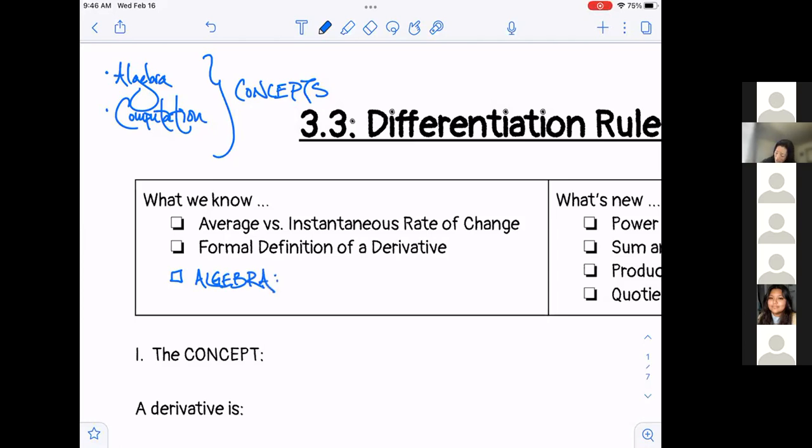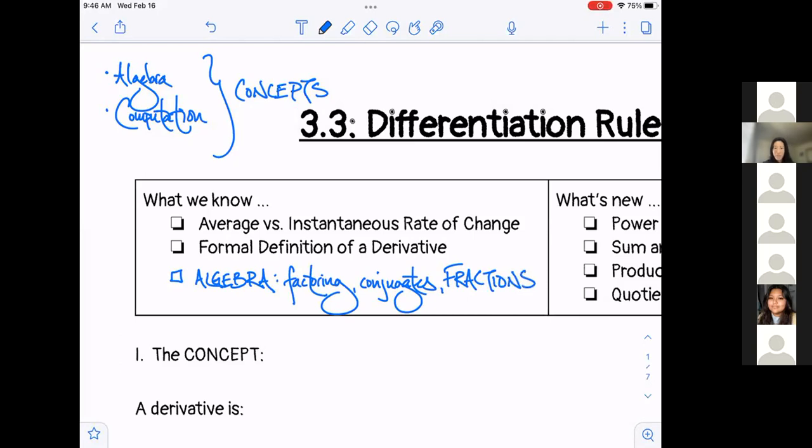Now, what do I mean by algebra? Some of the concepts that we've already seen, like factoring. Factoring takes you very far. The idea of conjugates. Conjugates takes you pretty far. Our best friend, fractions.